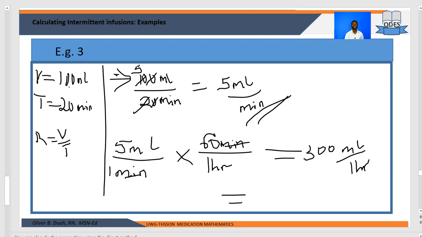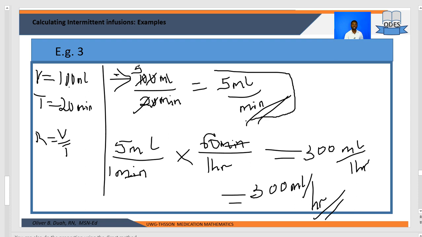So our final rate is going to be 300 ml per hour. This will be our final answer. So this is our rate of ml per minute, and then this is our rate for ml per hour.